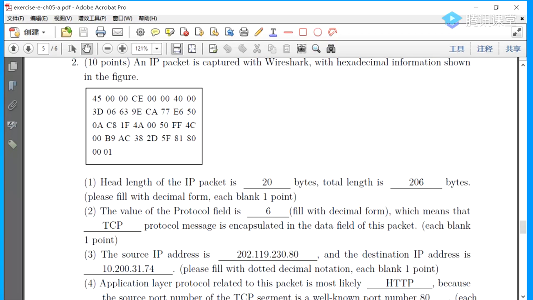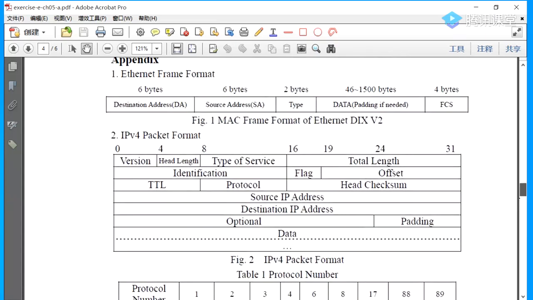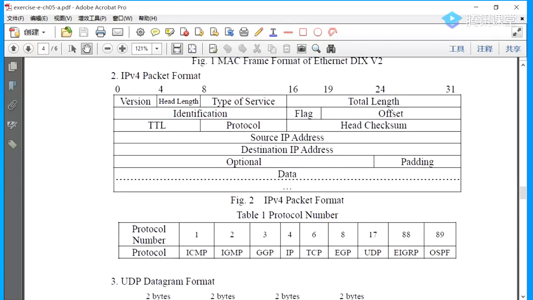This is the appendix here. Version, header length, type of service, total length, identification, flag, offset, TTL, protocol, header checksum, etc. So we can determine each value of the fields.